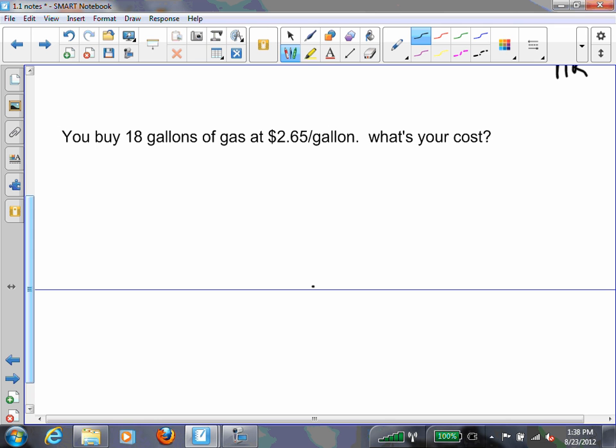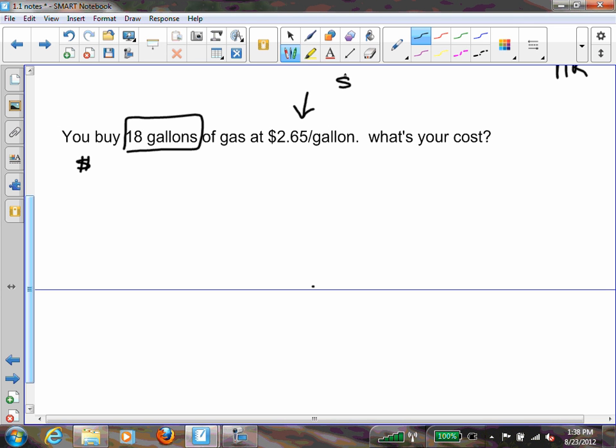So I'm trying to really say, how much does 18 gallons cost? So I need to have cost as my numerator in my final answer, because that's what I want. This is what I'm converting, 18 gallons. So whatever you convert always has to get put over 1. This is your rate. It can either be written as $2.65 per 1 gallon, or how else can I write that rate?